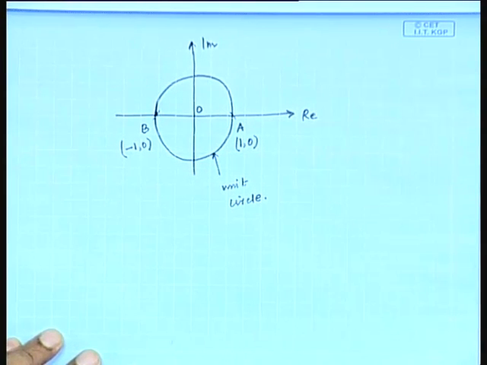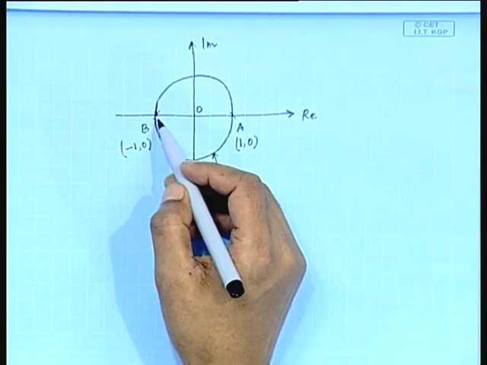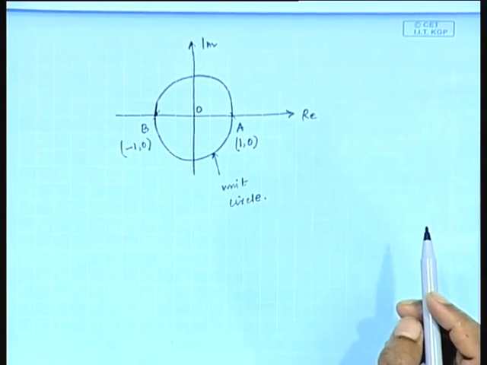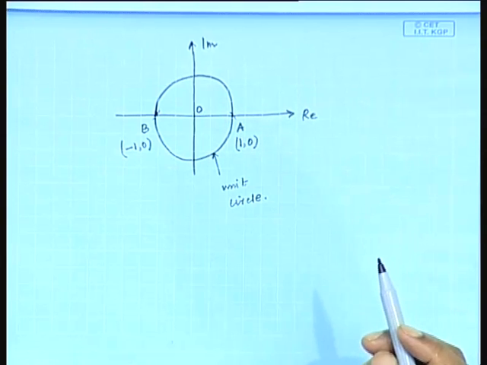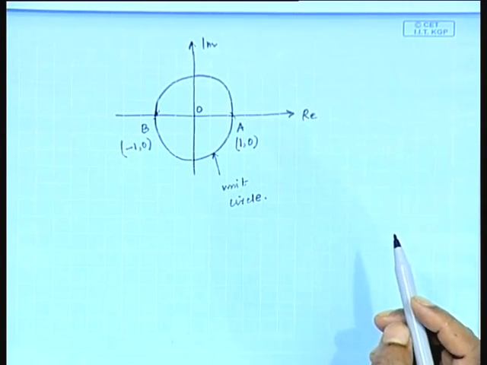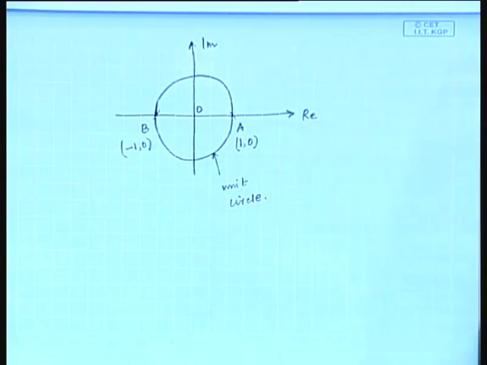Now, if the Nyquist plot does not encircle this, then the system is said to be stable. It is somewhat like this.